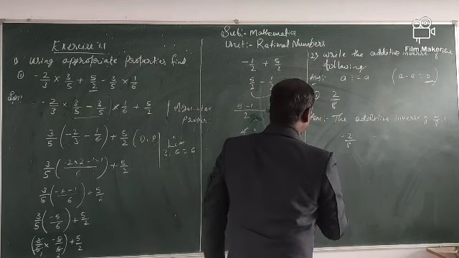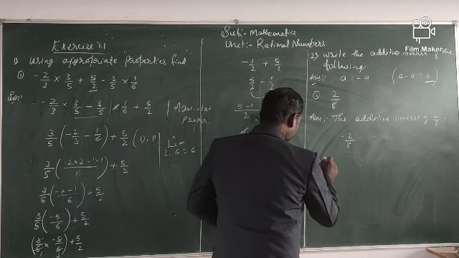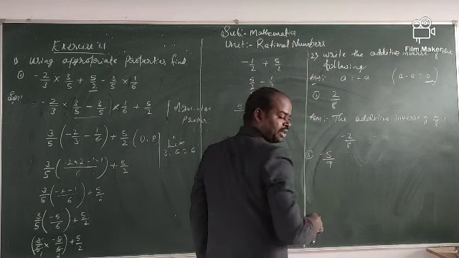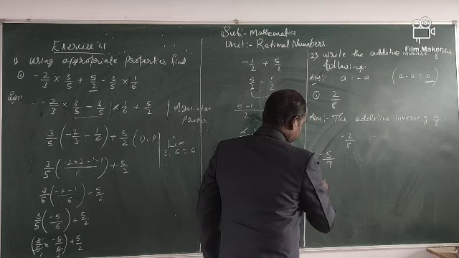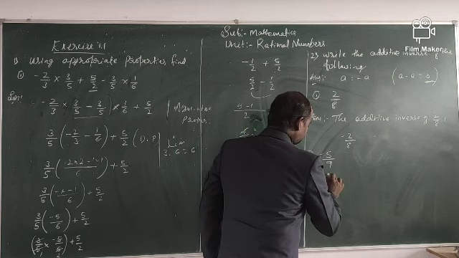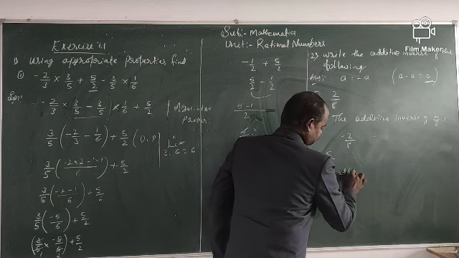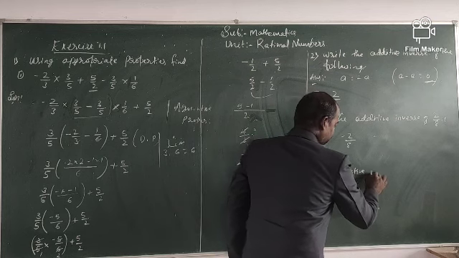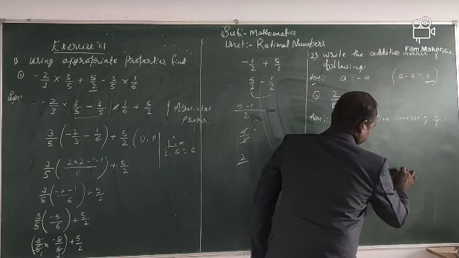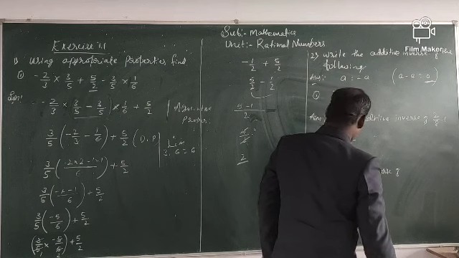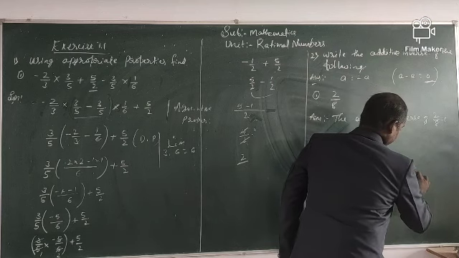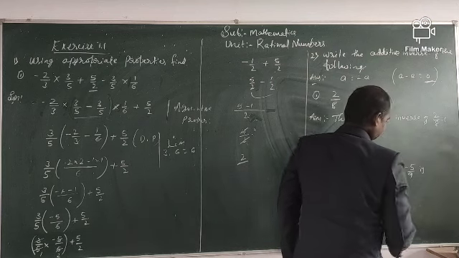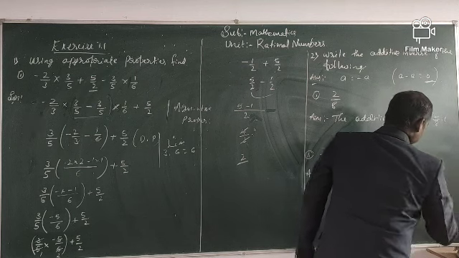Second one, the additive inverse of minus 5 by 9. The answer is 5 by 9.